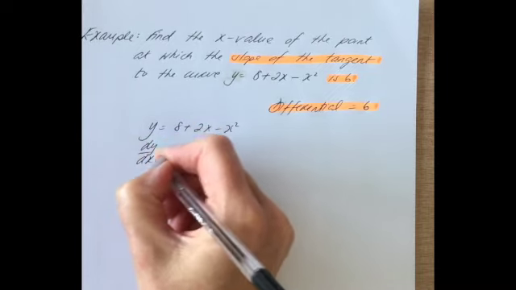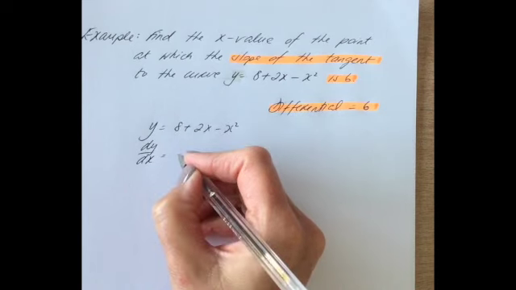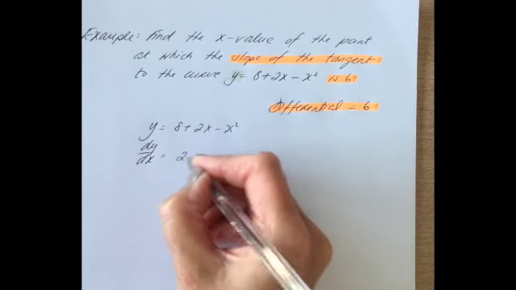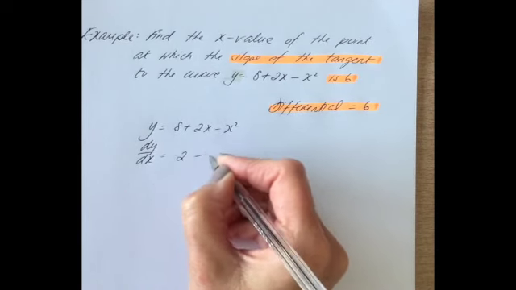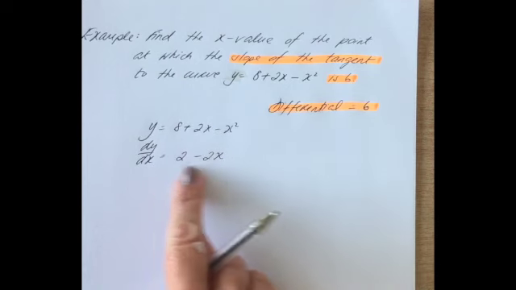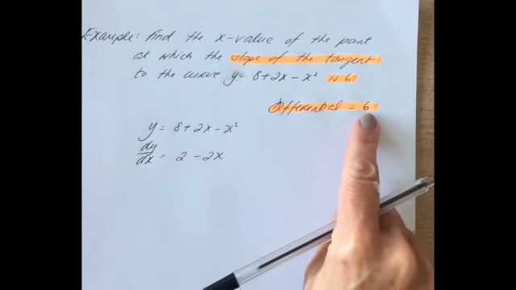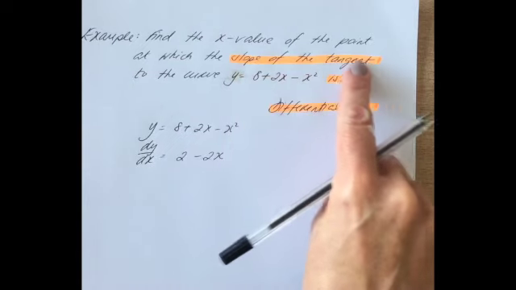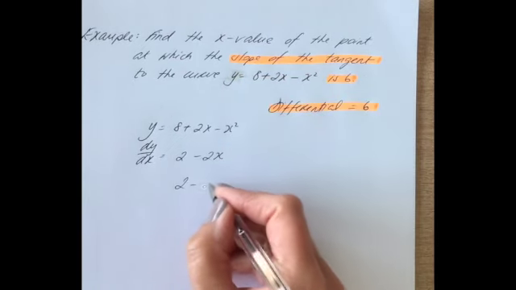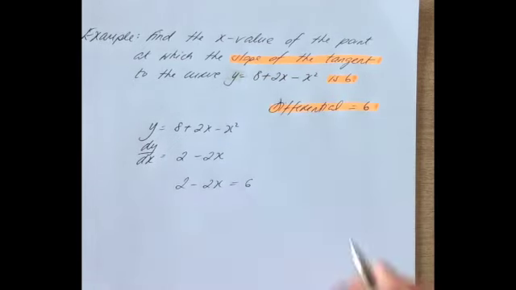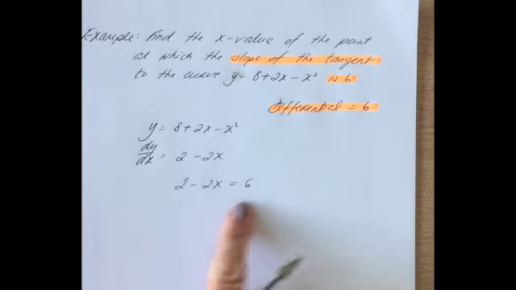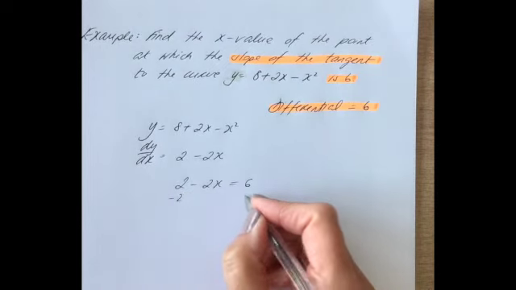So dy dx, 8 of course differentiates to 0, 2x differentiates to 2, and minus x squared differentiates to minus 2x. There's my differential. Well, if the differential is equal to 6, because they tell me the slope of the tangent is 6, that means 2 minus 2x is equal to 6. And so to solve the equation, take away 2 from both sides.